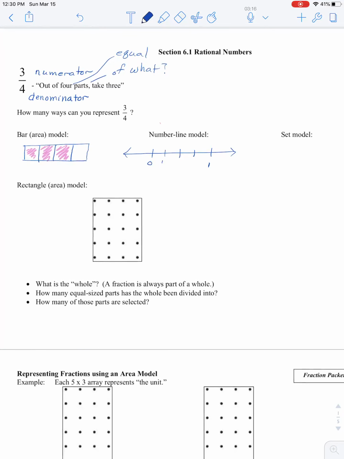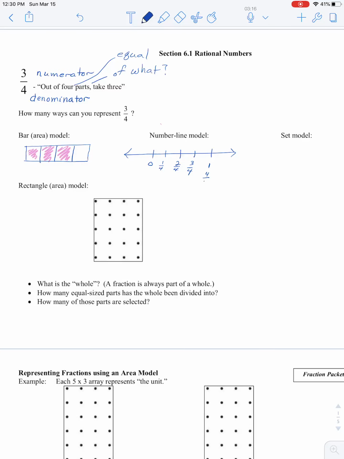So this turns out to be 1/4, 2/4, 3/4, and then 1 would be 4/4. So to model the 3/4, we could draw a dot here that's graphing it, or we could show a length from 0 up to 3/4, and that's a length of 3/4.